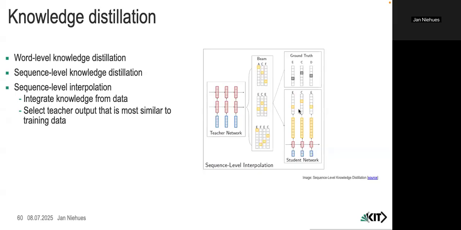Of course, you have to have some type of distance metric again, but you're taking a bit of an interpolated way, where on the one hand you trust what the teacher tells you, but not purely. If your data tells you something completely different, then you will also deviate from what the teacher tells you and use the data to improve.